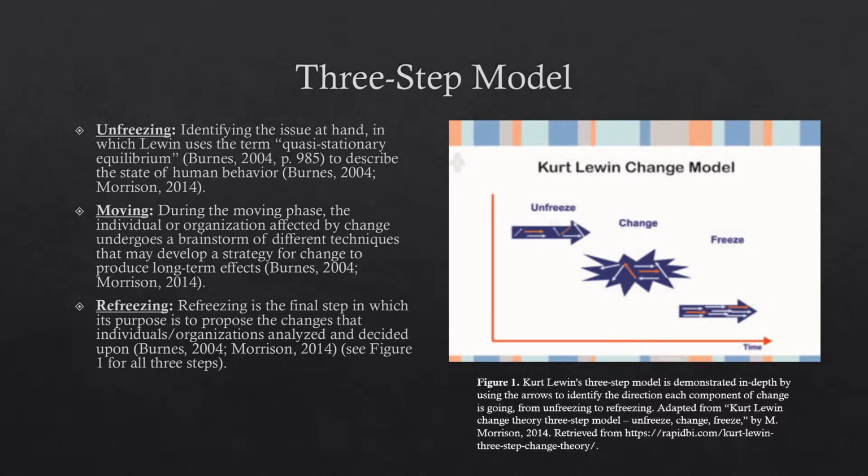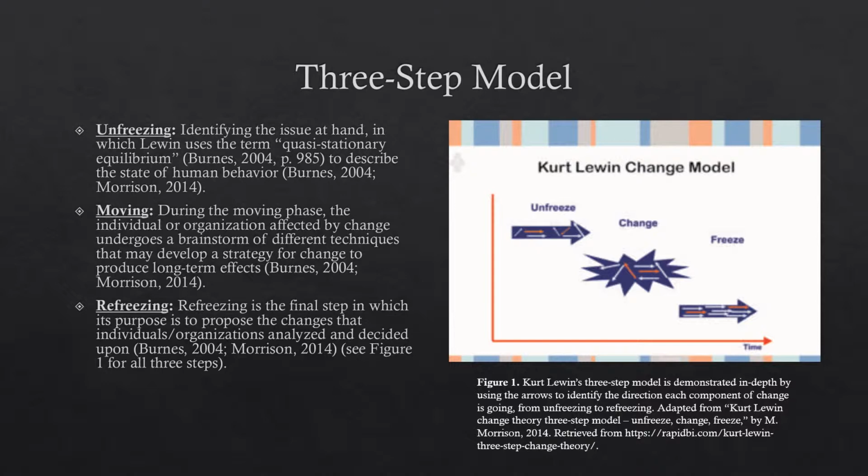The three-step model consists of unfreezing, moving, and refreezing. In the unfreezing stage, it involves identifying the issue at hand, in which Lewin uses the term quasi-stationary equilibrium from the Burns article to describe the state of human behavior. In the moving stage, the individual or organization affected by change undergoes a brainstorm of different techniques that may develop a strategy for change to produce long-term effects.